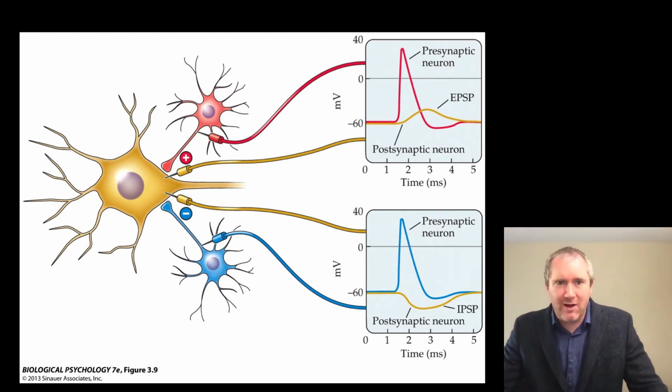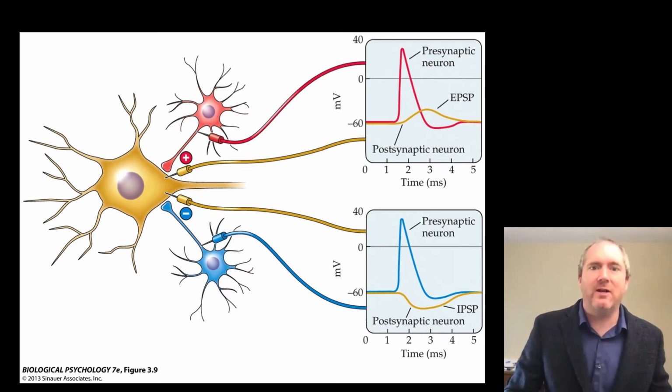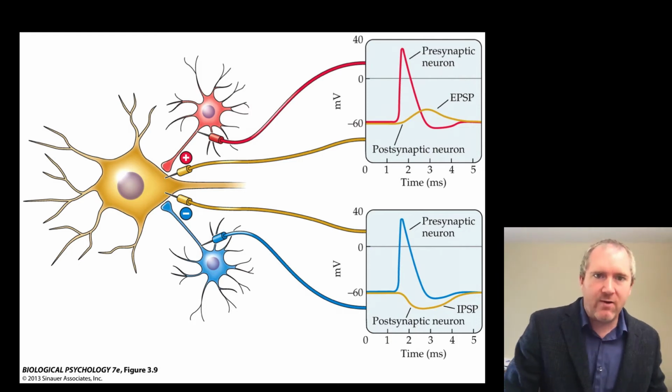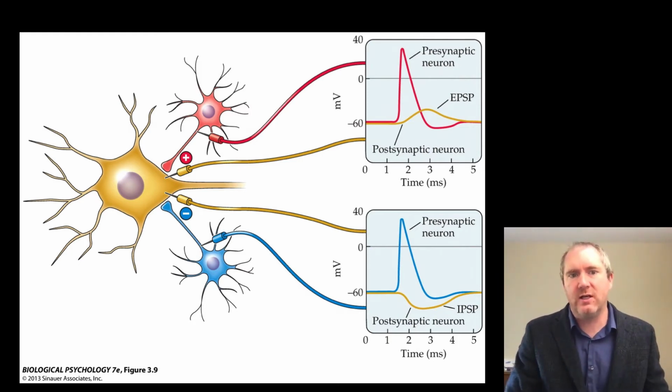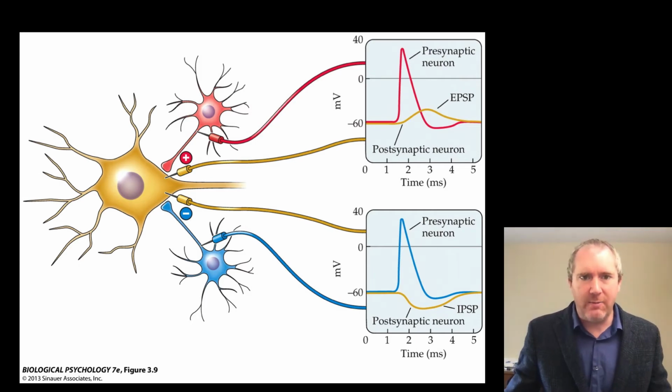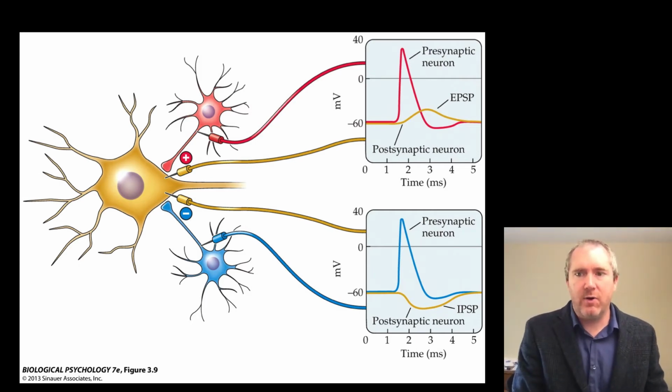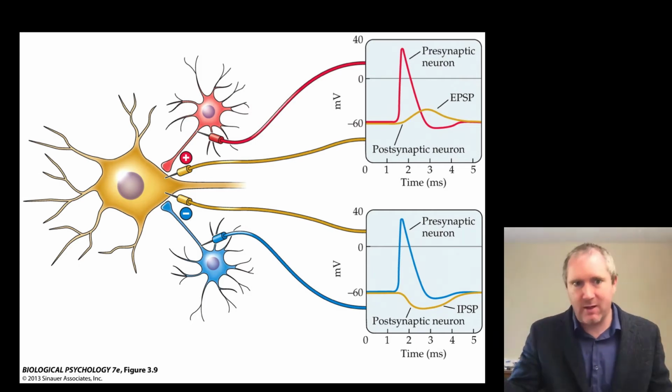So you have the glutamate neuron firing, and you can see that fire detected from another microelectrode placed in that excitatory presynaptic neuron. Right after that burst fires, you can see a lagging EPSP in the postsynaptic neuron. By lagging, I'm talking about milliseconds here.